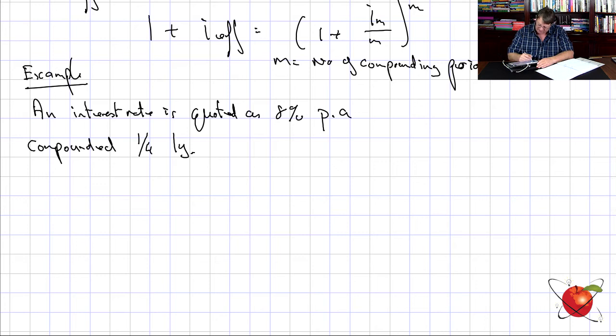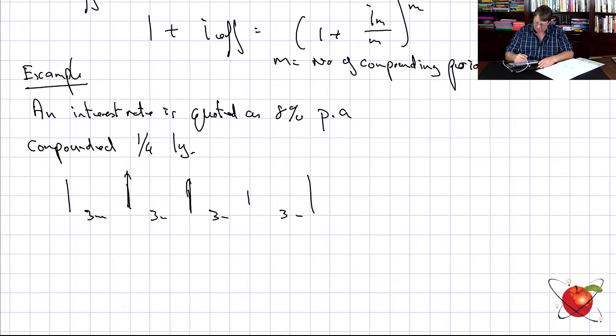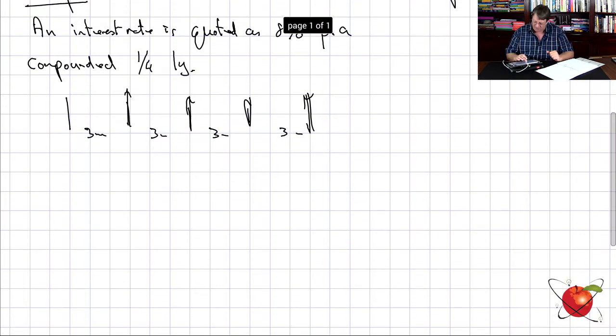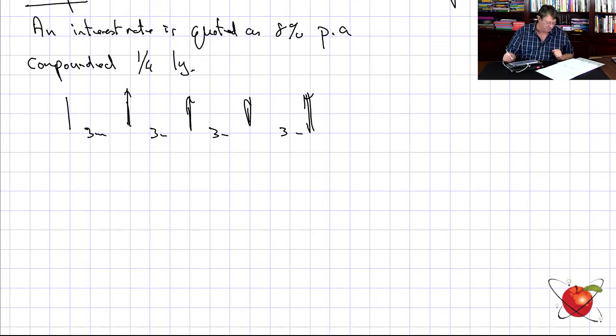We are saying that in 1 year, I am going to add interest every quarter. What's a quarter of a year? 3 months. So in other words, I'm going to add interest once, twice, 3, 4 times. You can work it out, it's very, very basic. So therefore, m is going to be equal to 4.